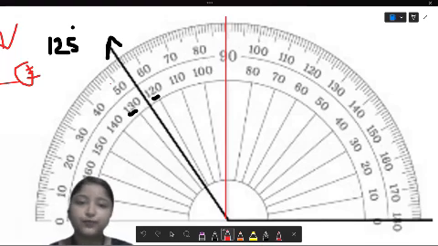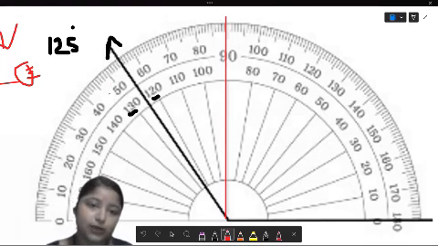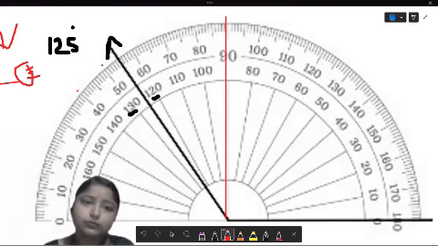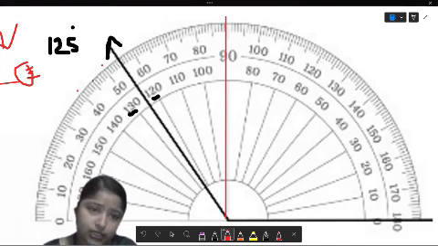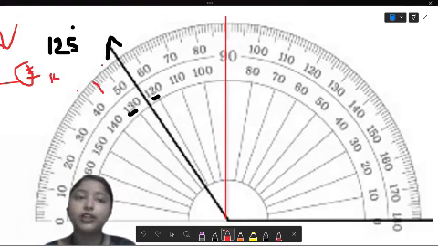So if you can see, let me help you with this one. This is 130 degrees and this is 140 degrees, right? In between that, you will see 9 lines, right? The line in the middle, you can see this one, it's the exact half of both. For example, between 130 and 140, it's 135, right?